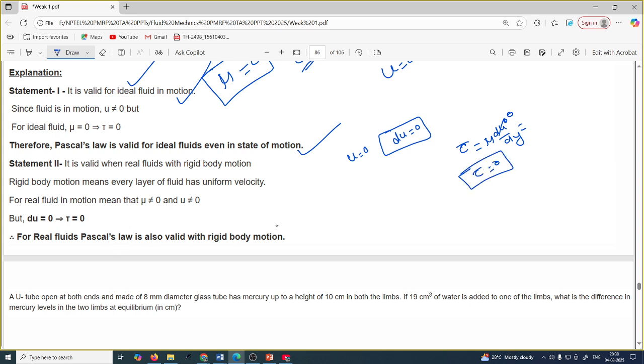So meaning here also it applies. For real fluid, Pascal law is also valid with rigid body motion. Meaning Pascal law is valid in motion condition also, if your fluid is ideal, or if the fluid has the condition of rigid body motion, or you can say uniform velocity.